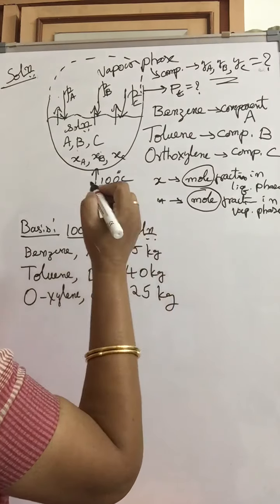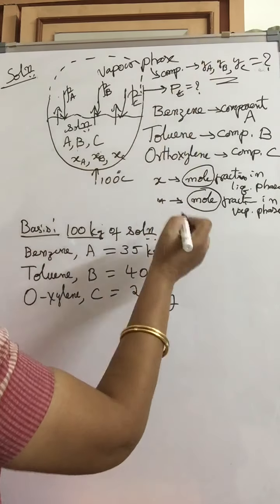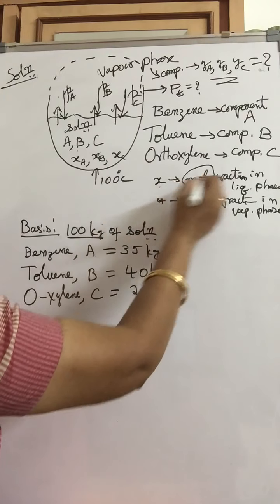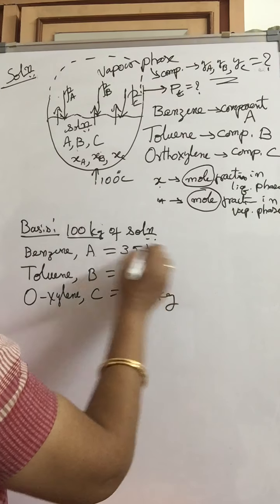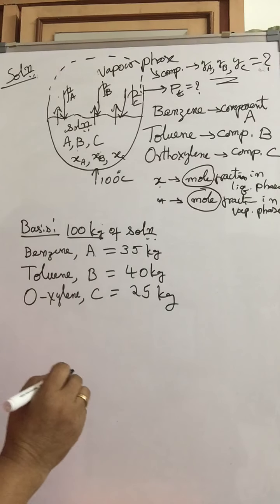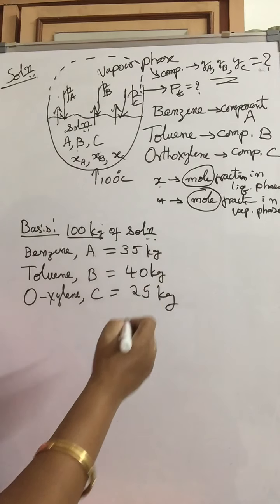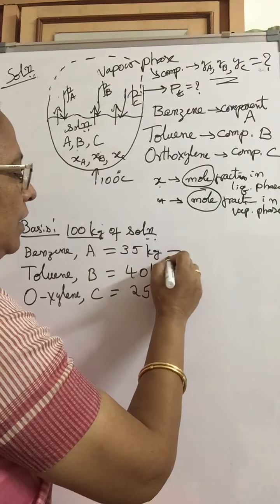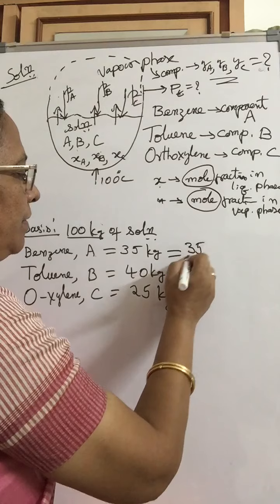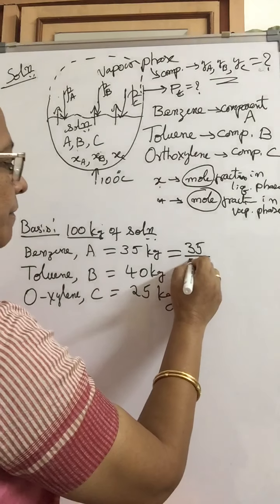Now what you need to calculate, you should remember always, is XA, the mole fraction. That means the mole fraction of benzene. XA means moles divided by total moles. So you need to convert: 35 divided by the molecular weight of benzene, that is 78.